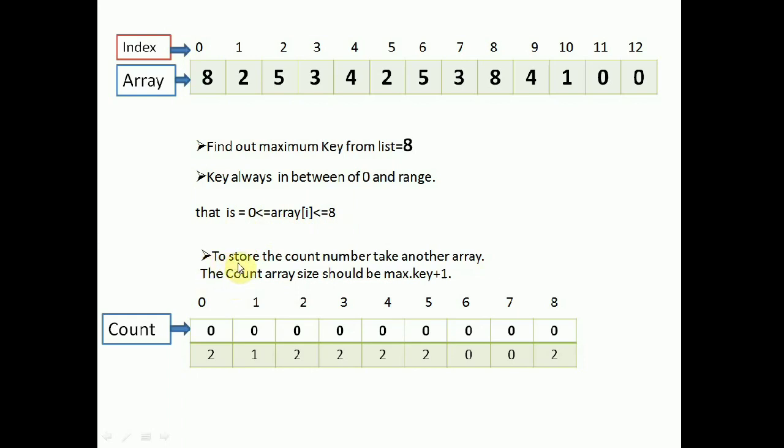To store the count number, take another array. That count array size should be key plus 1. What is the size of the key here? 8, so 8 plus 1. This is a very important point you have to remember. Count array means how many times a key element is repeated in the list. For that we take one count array. This is a temporary array.